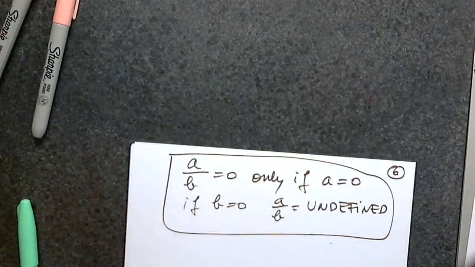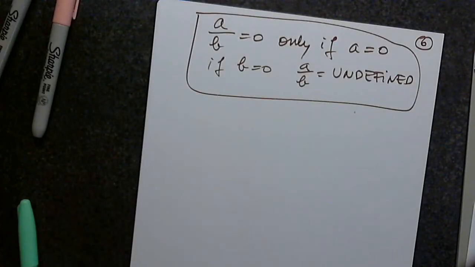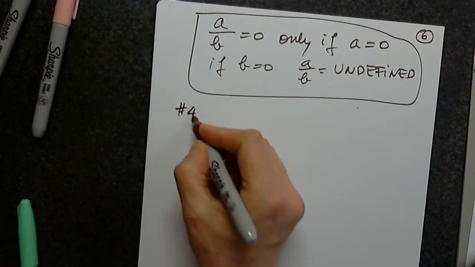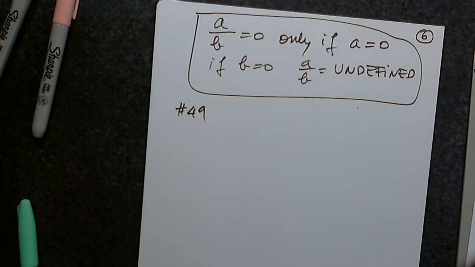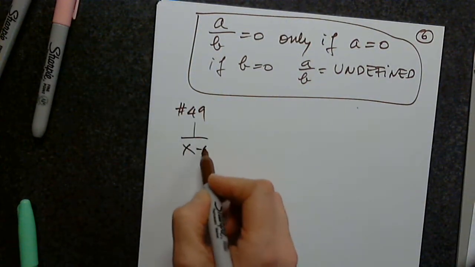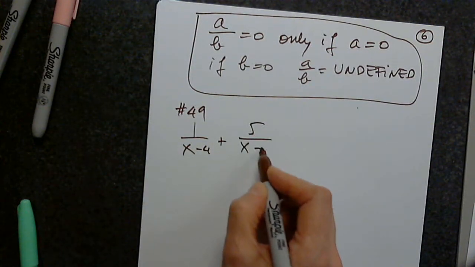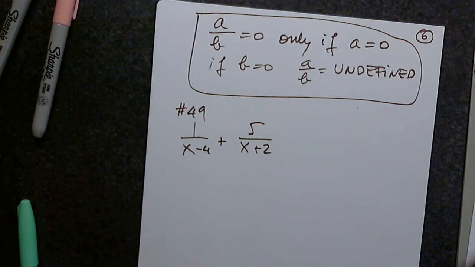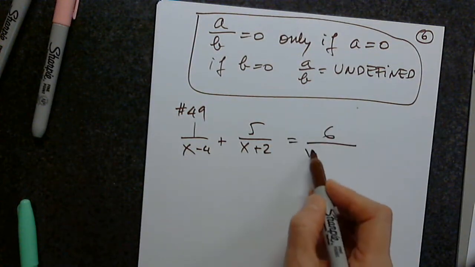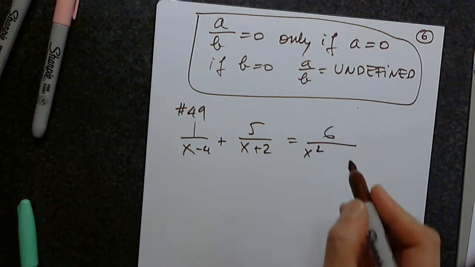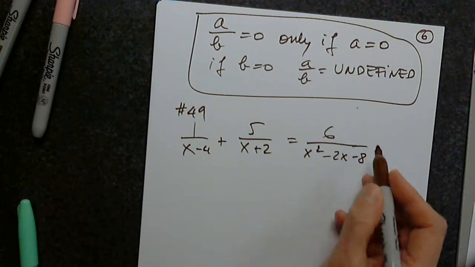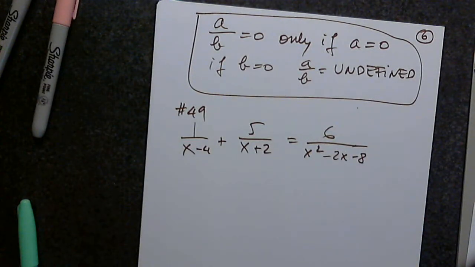Number 49. 1 over x minus 4 plus 5 over x plus 2 equals 6 over x squared minus 2x minus 8. Yes, there's a minus, I was just going to correct that. Thank you.